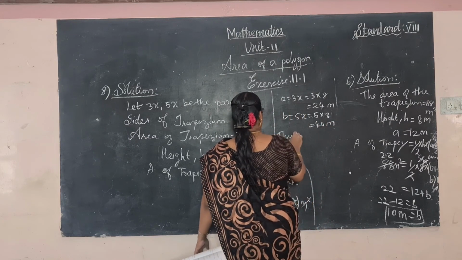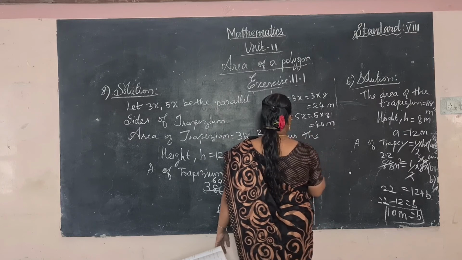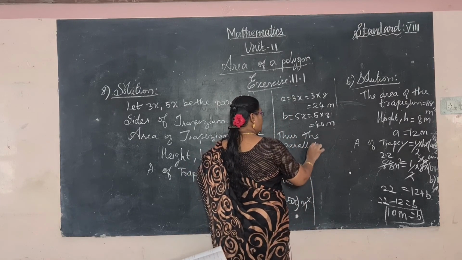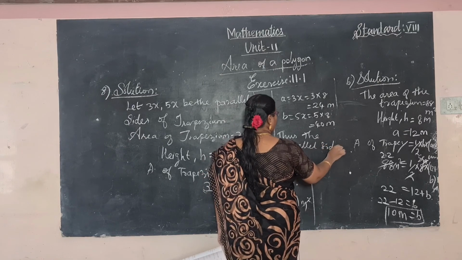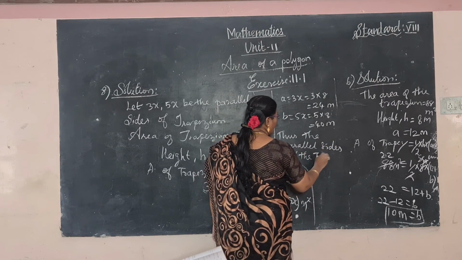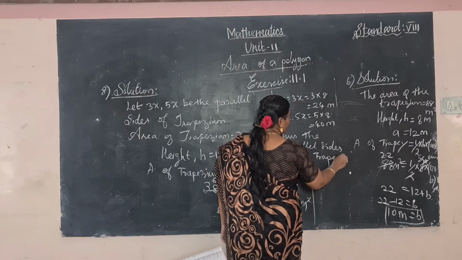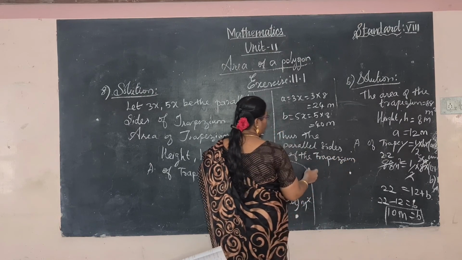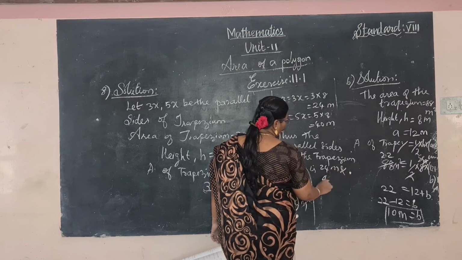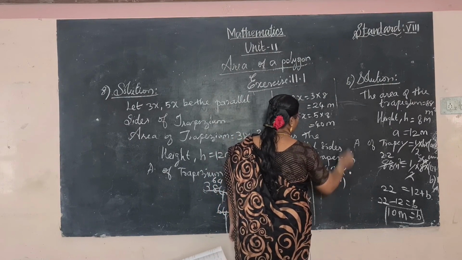Thus the parallel sides of the trapezium are 24 meter and 40 meter.